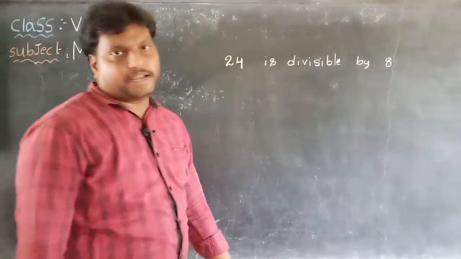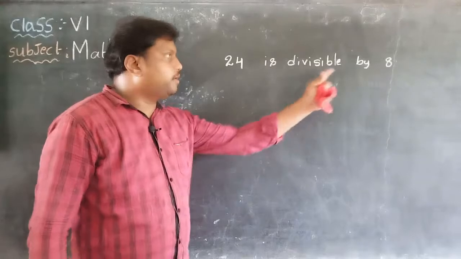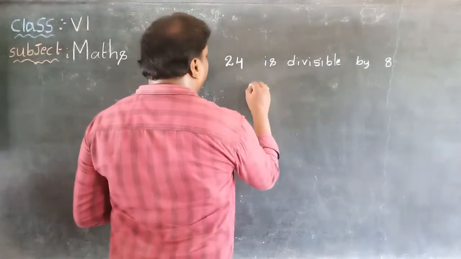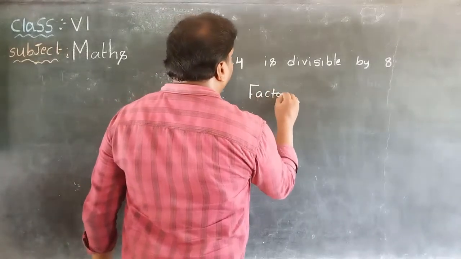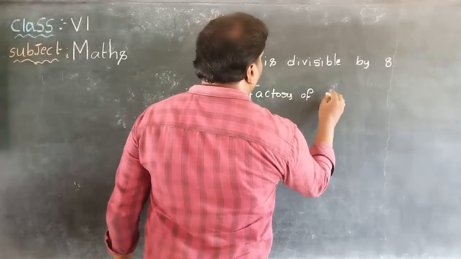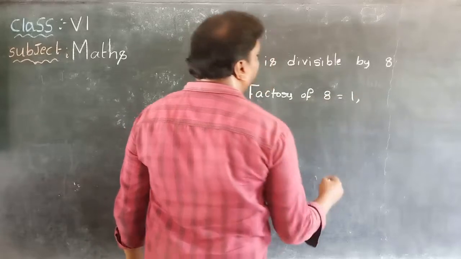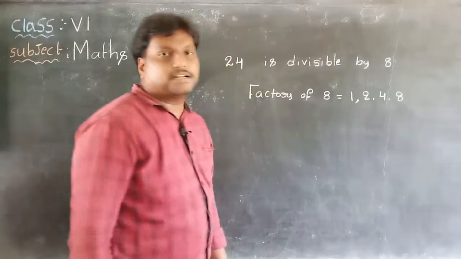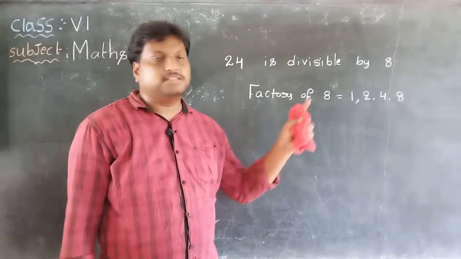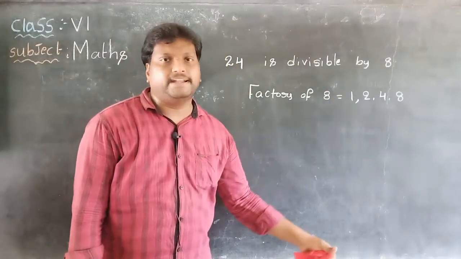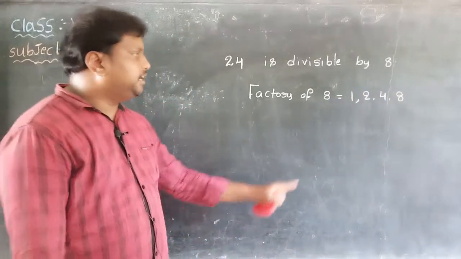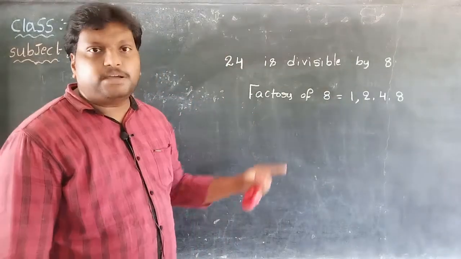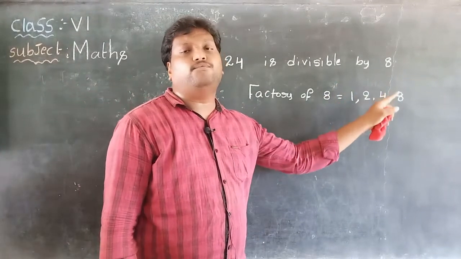Already we know why, because 8 threes are 24. Then what are the factors of 8? The factors of 8 are 1, 2, 4, 8. Except 8, the remaining are 1, 2, 4. Means this 24 is divisible by 1, 2 and 4 also.